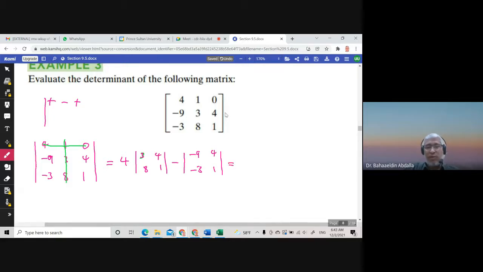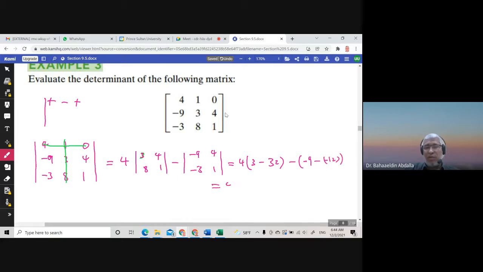So 4 times, what is the determinant of this? 3 times 1 is 3, minus 4 times 8 is 32, minus the determinant here, negative 9 times 1 is negative 9, minus negative 3 times 4 is negative 12.